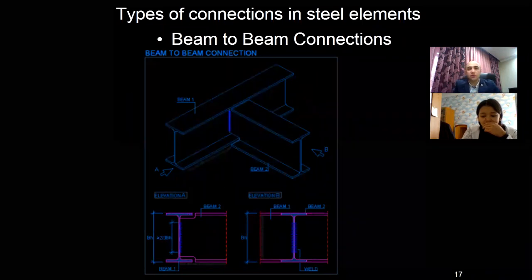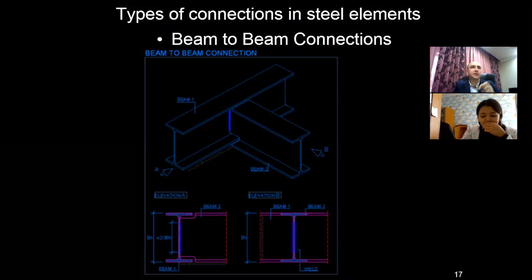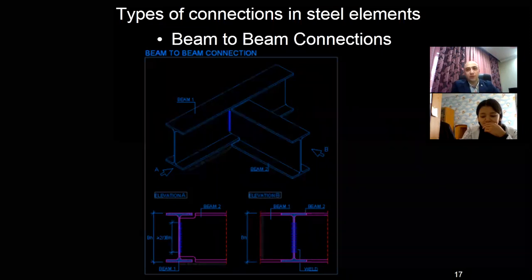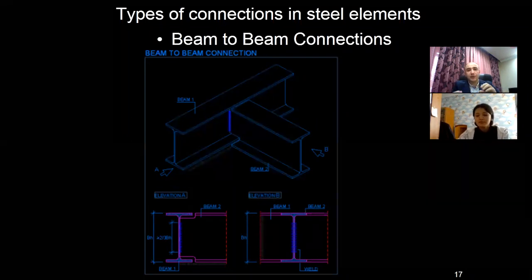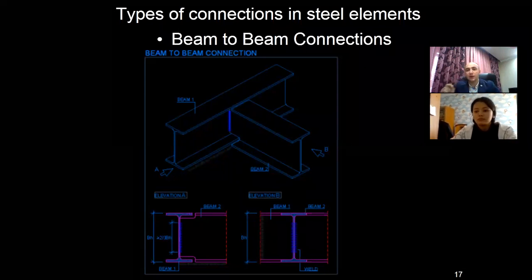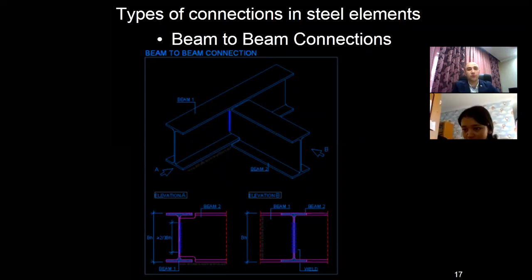All these parameters should be taken into account during the design of the connection. The minimum length of the connection angle should be at least half of the beam clear web depth. This is very important: at least half of the beam clear web depth.